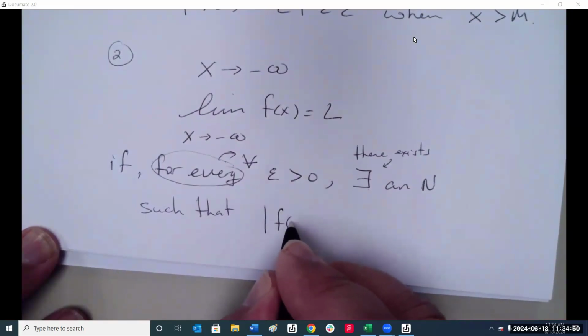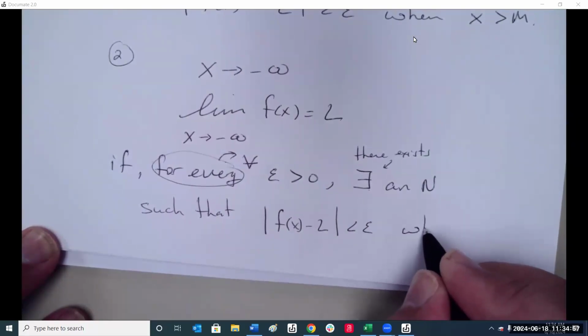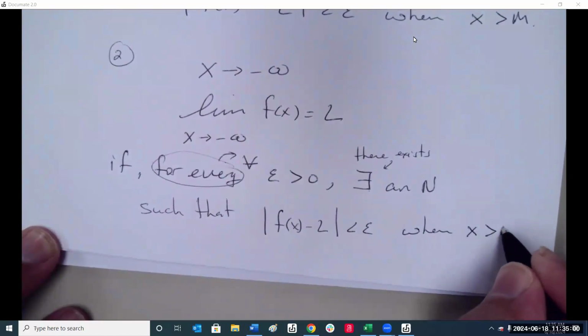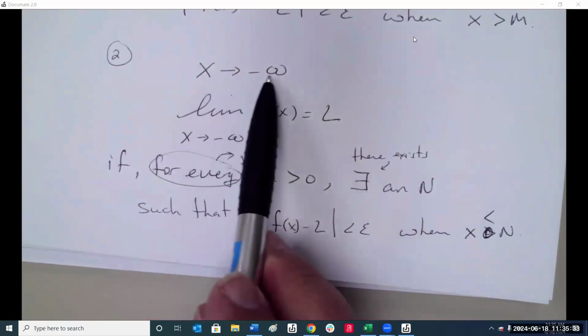Such that the absolute value of f of x minus L is less than epsilon when x is less than N, because we're going to the negative. So for any epsilon, there's some value M and N where this exists, as x goes to positive and negative infinity.